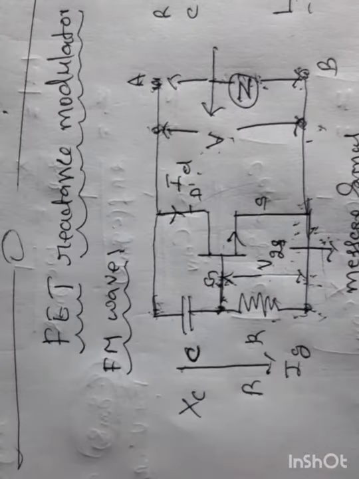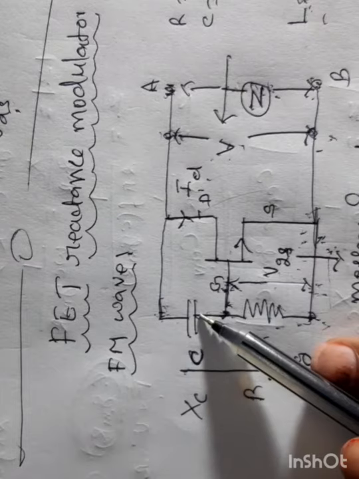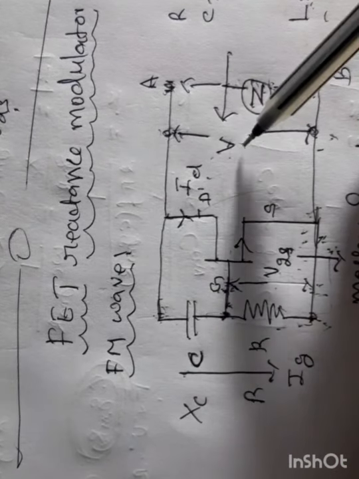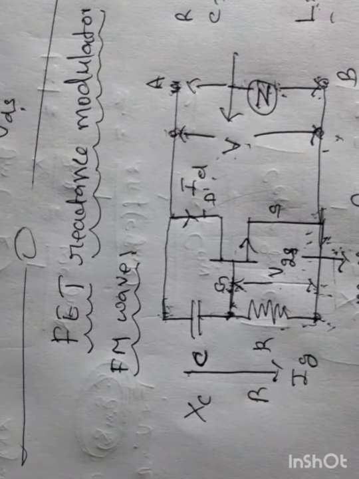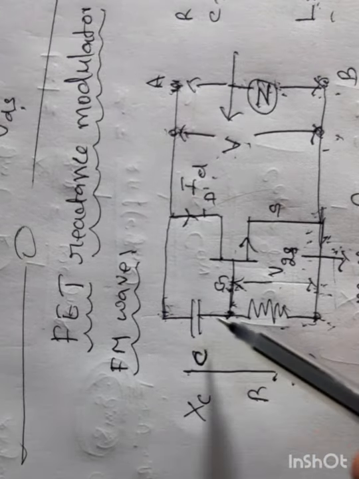Suppose instead of connecting C, if you connect L, inductance, then the impedance looking towards this is inductive reactance. Therefore, we get impedance between the points A and B as either capacitive reactance or inductive reactance, depending upon the component connected here.